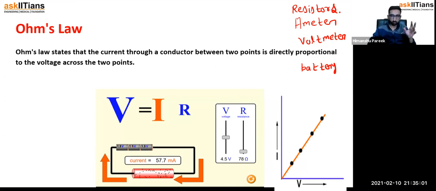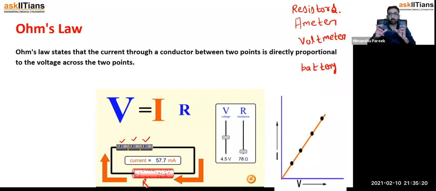Let's say these are the batteries we have put here, 1.5 volt, 1.5 volt, 1.5 volt. So a total of 4.5 volts of batteries are there, including the 3 cells. And here we have the resistor.